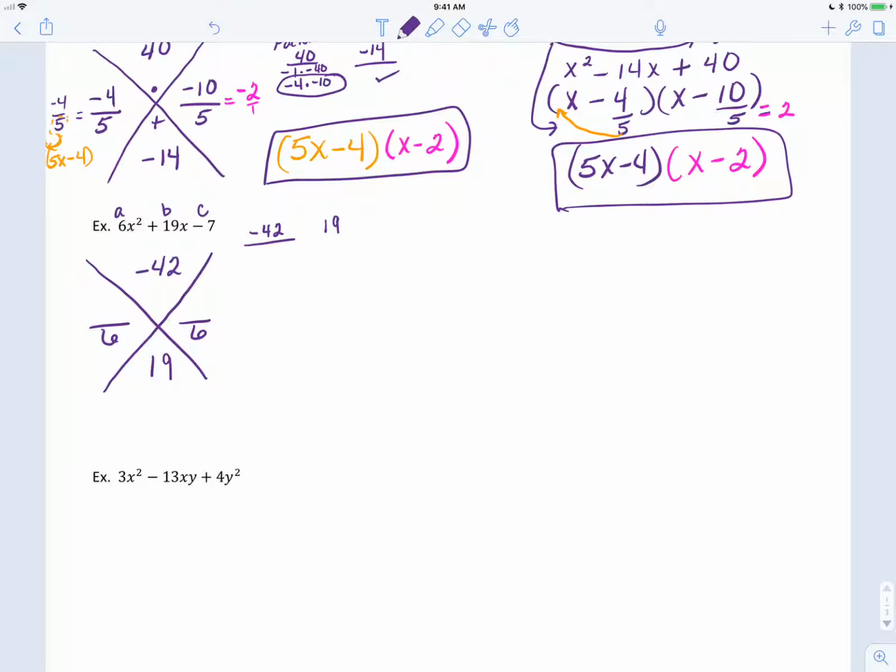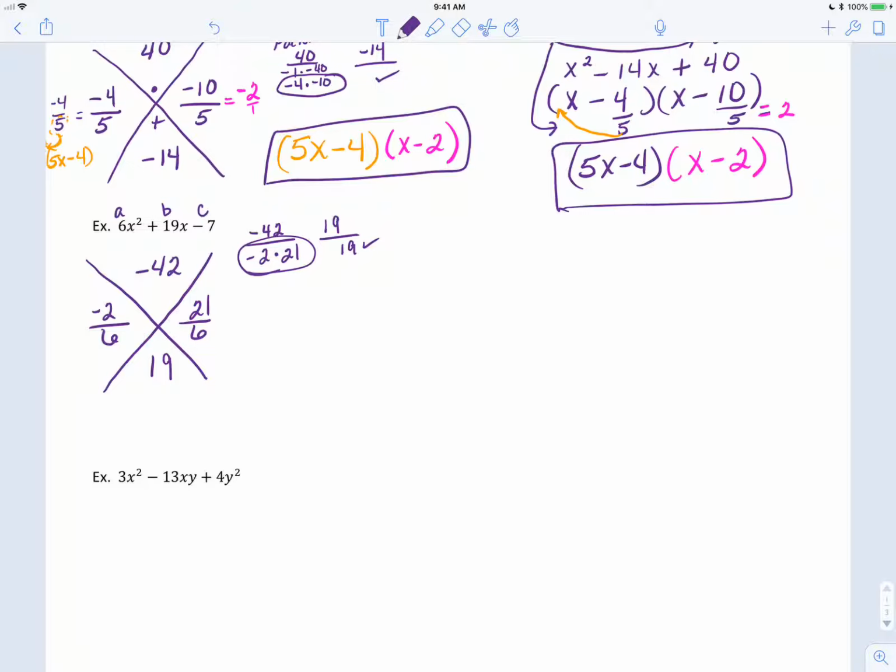I'm thinking negative 2 and 21. And that adds up to be 19. So those would be my two factors, negative 2 and 21. If you need to spend a little bit more time coming up with those factors of 42, you go ahead and do that.